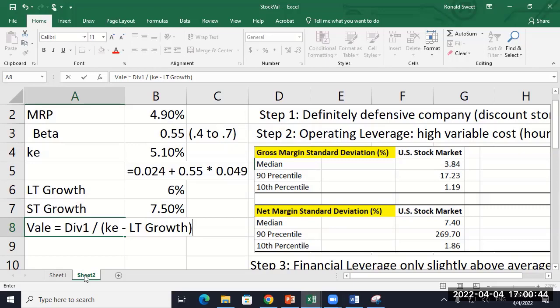If it was greater than KE, what would you get in the denominator? You get a negative number. What would your value be? Your value would be a negative number with this formula, but is that really your value? Absolutely not. If your growth rate is greater than your discount rate, the company is worth infinity.